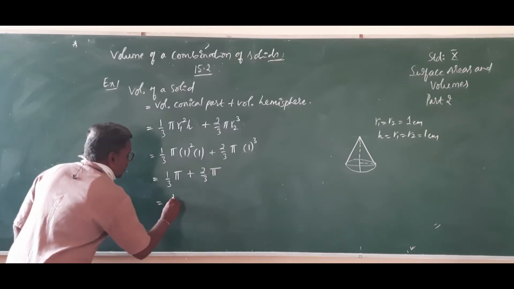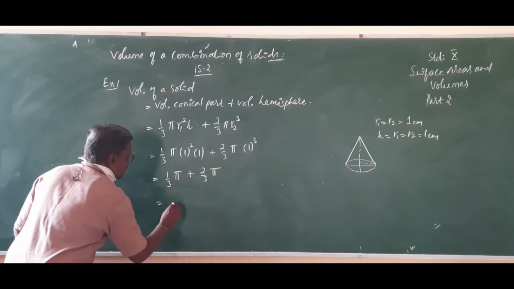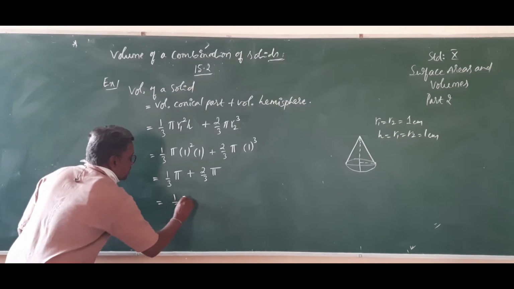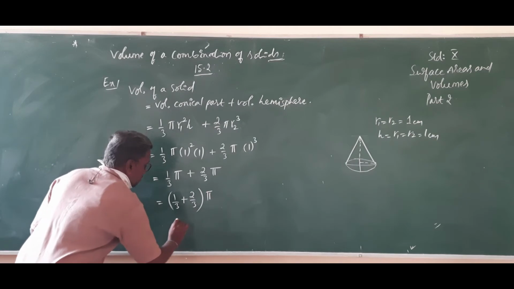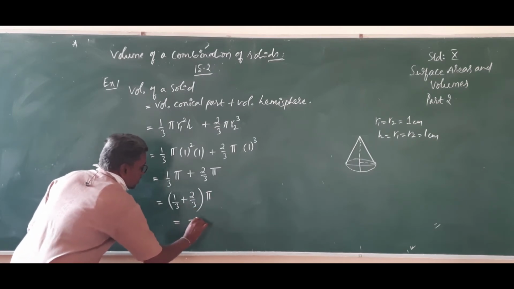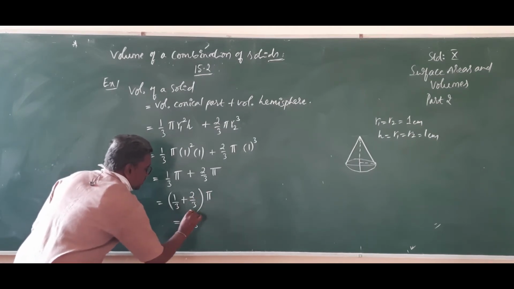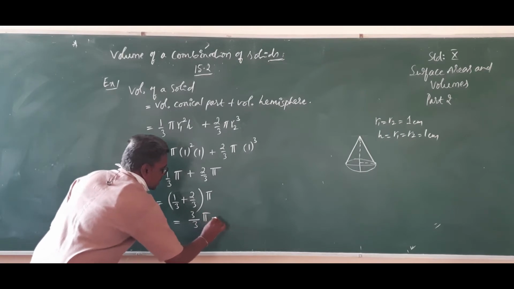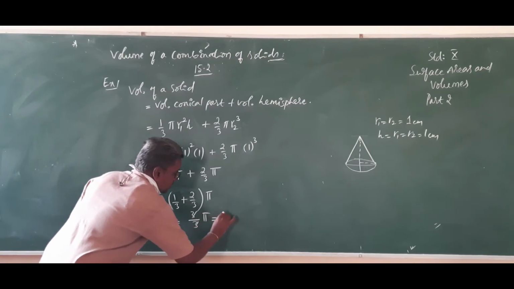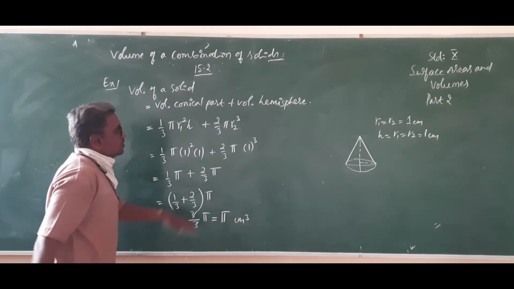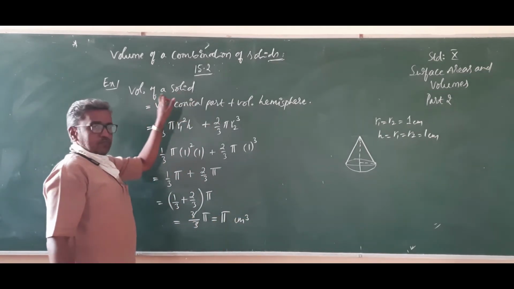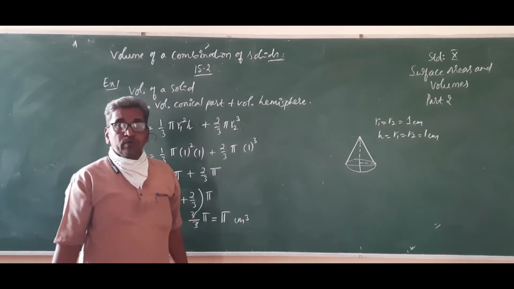Pi is common: 1 by 3 plus 2 by 3, with 3 as the LCM, 1 plus 2 is 3, so 3 pi by 3 is equal to pi centimeter cube, because volume is measured in cubic units.